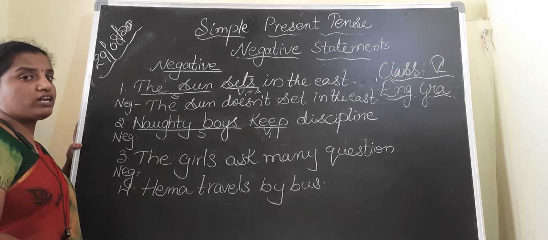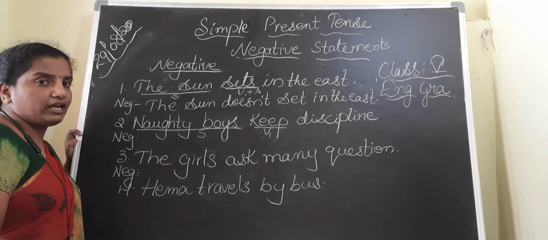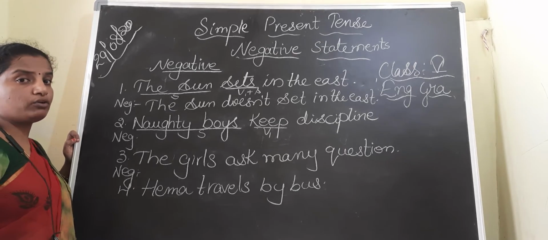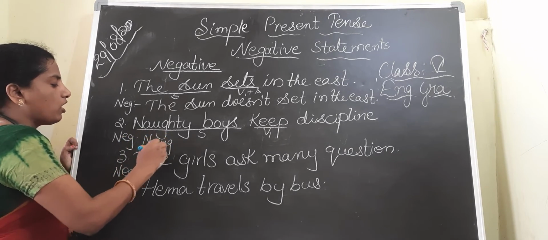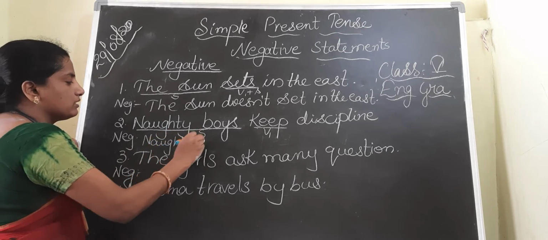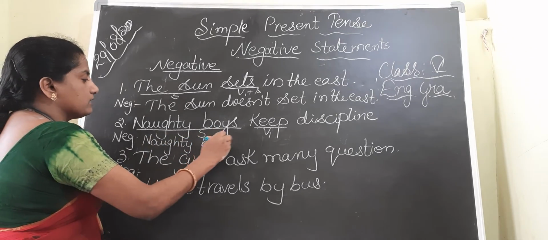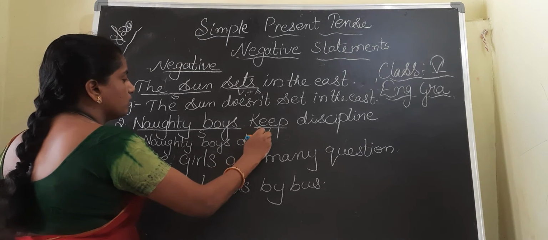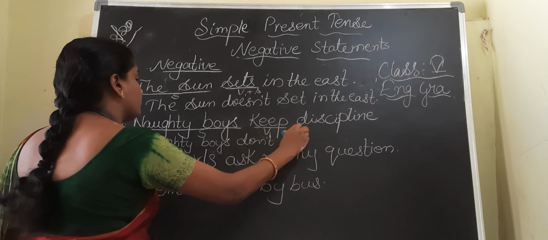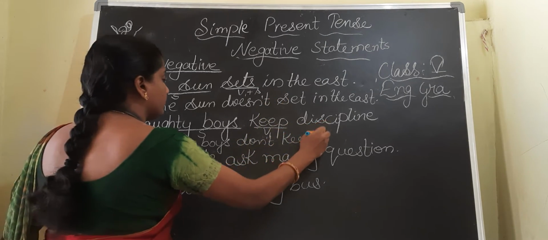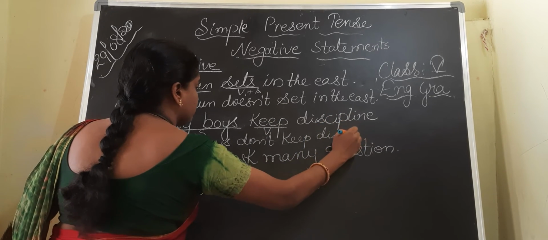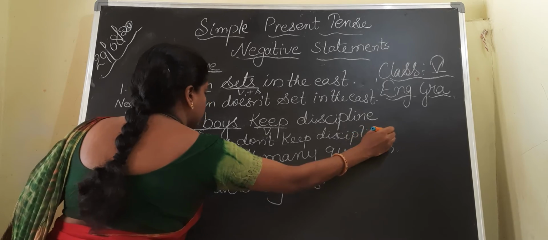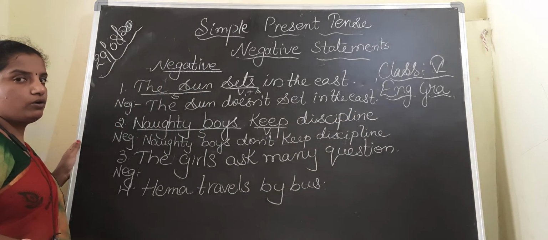Whenever there is V1 in the sentence, to write the negative form, you have to add do not. So, naughty boys don't keep discipline. This is one statement completed.